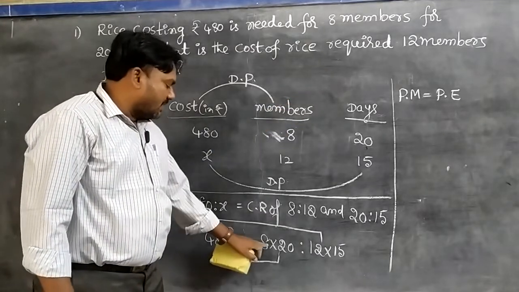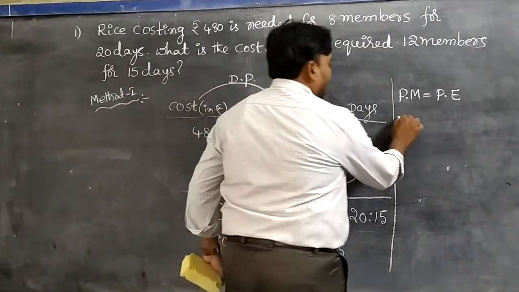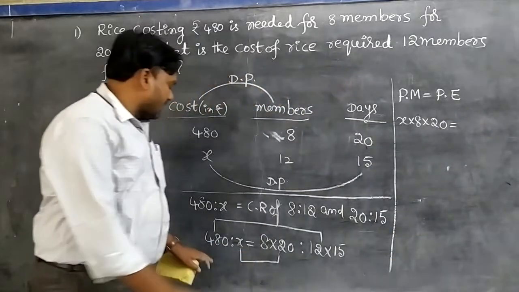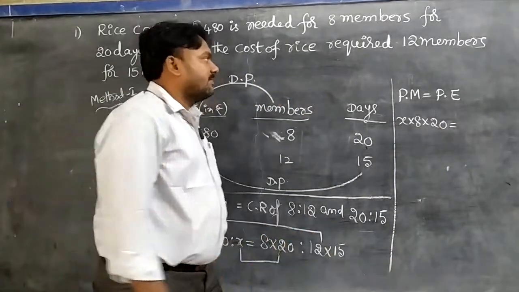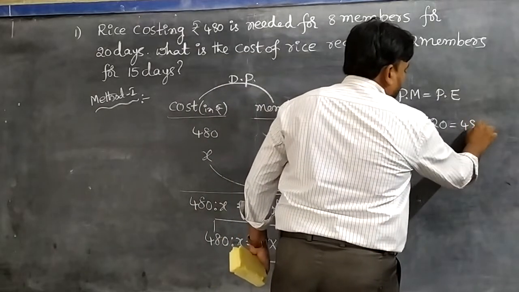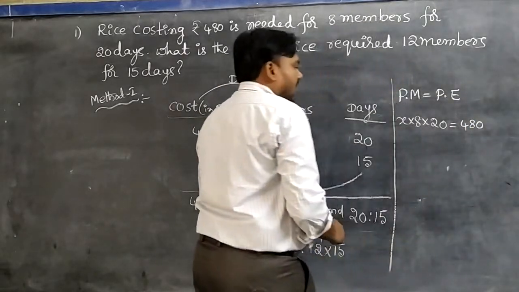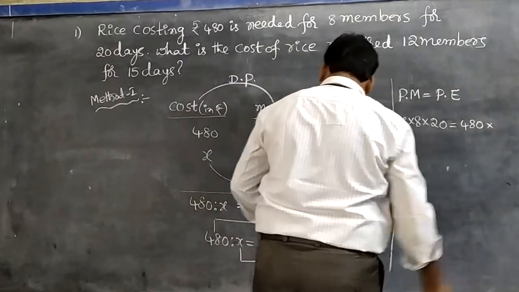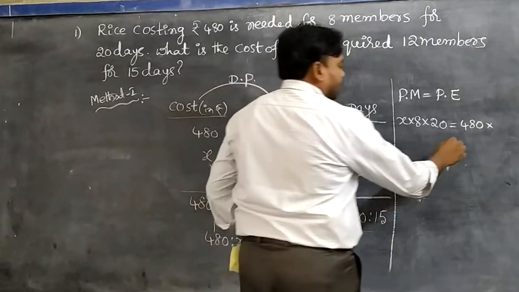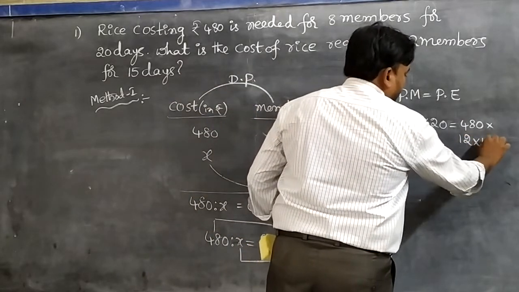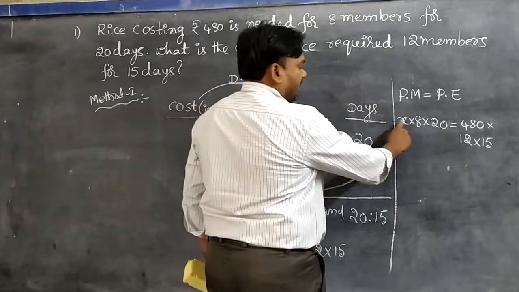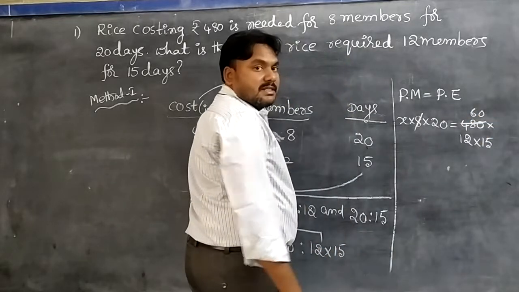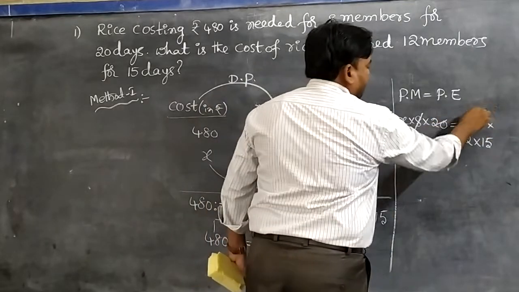So middle terms, x into 8 into 20 equal to product of extremes, 480 into 12 into 15. Calculation: 8 sixes are 48, so 480; 20 ones are 20, 4 fives are 20, so 3.